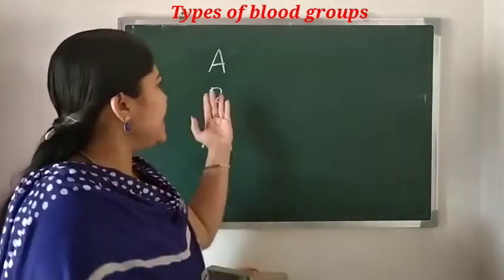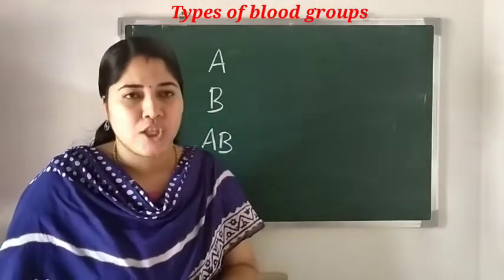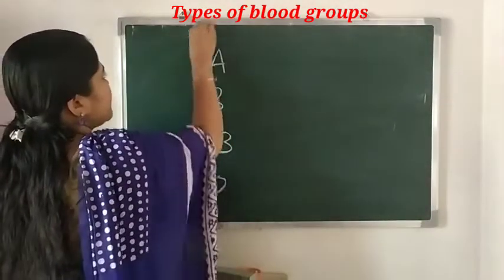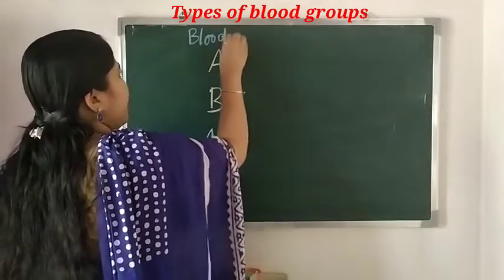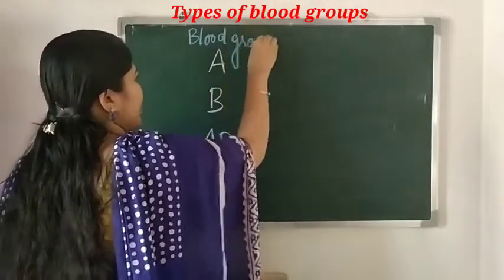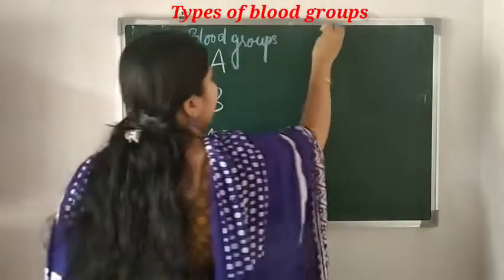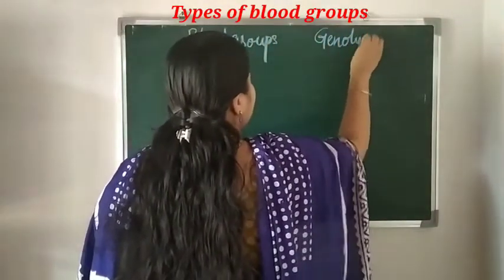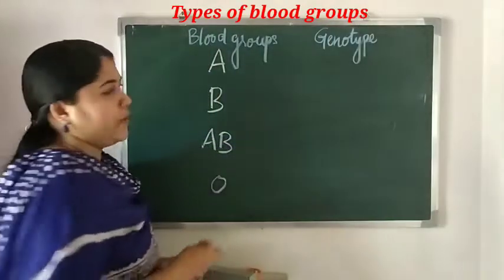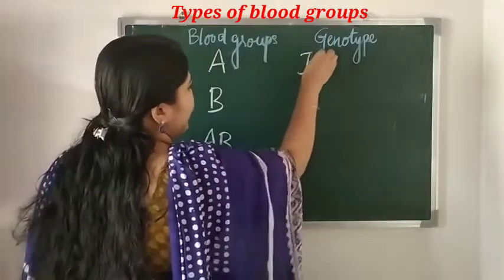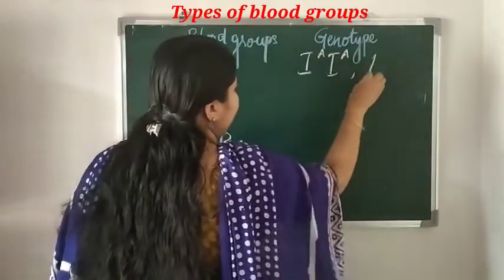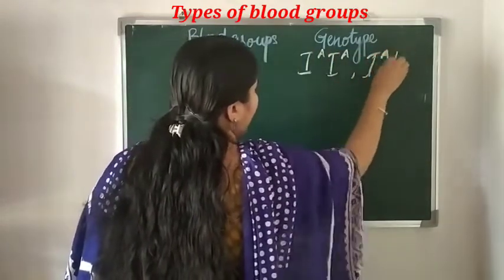Each blood group has a corresponding genotype. A person with blood group A has the genotype IA IA or IA IO.